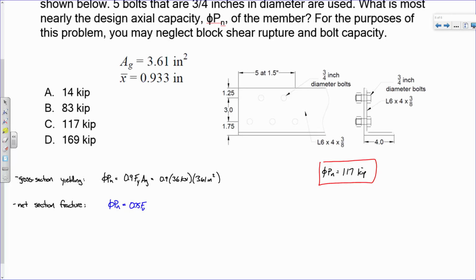We need the net area, and we need the shear lag factor. We need to go through all that, but ultimately, that's our goal.